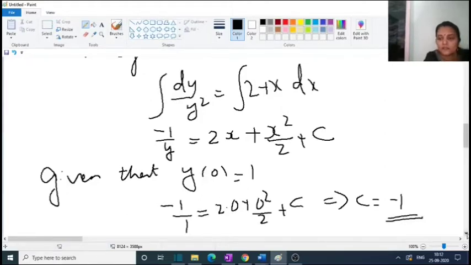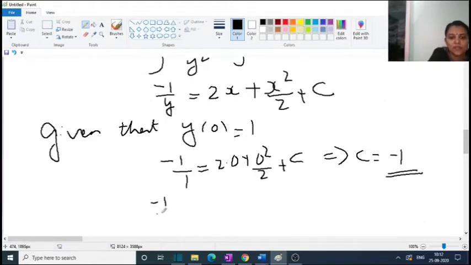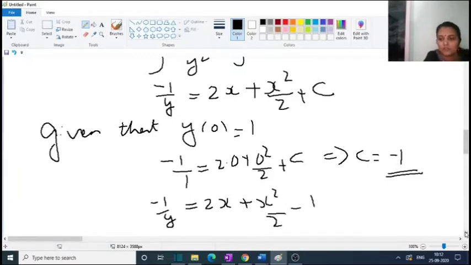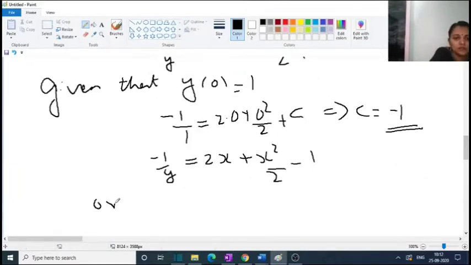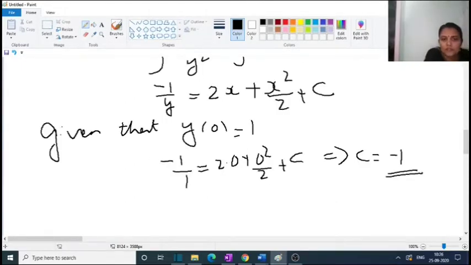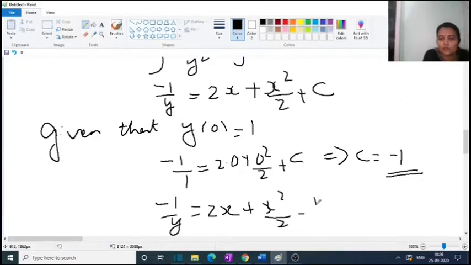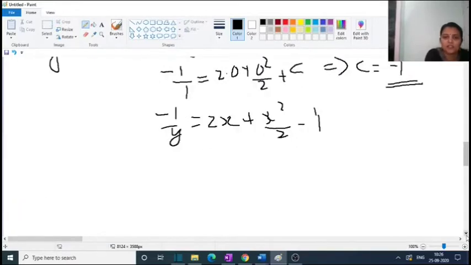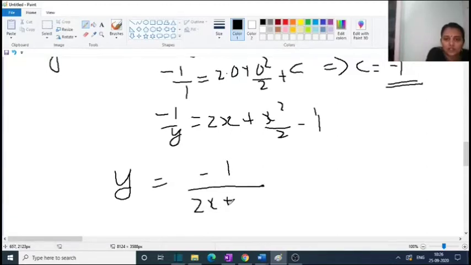That is, minus 1 by y is equal to 2x plus x square by 2 minus 1. To get the explicit form in y, we take the cross multiplication, so that y is equal to minus 1 by (2x plus x square by 2 minus 1).